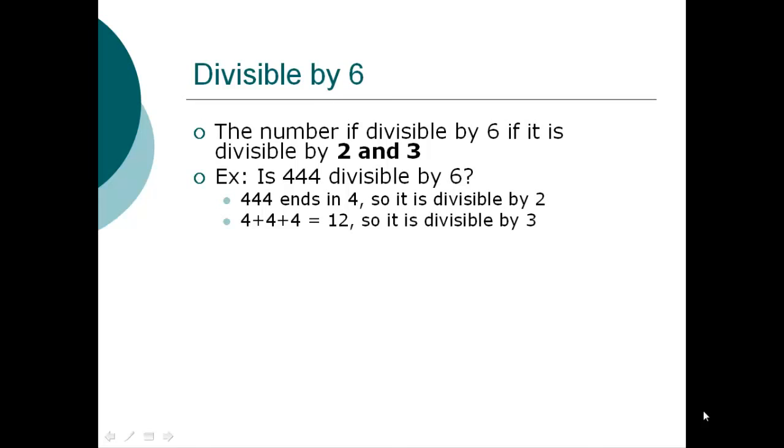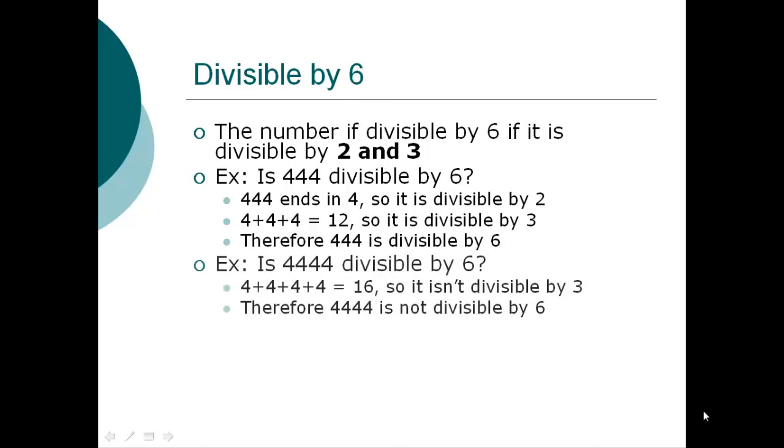And then we check if 3 can be divided into 444. So we apply the rule for divisibility by 3, where we get the sum of the digits first, which is 12. And since 12 is divisible by 3, 444 is divisible by 3. And because both 2 and 3 can divide into 444, this entire number here is divisible by 6.